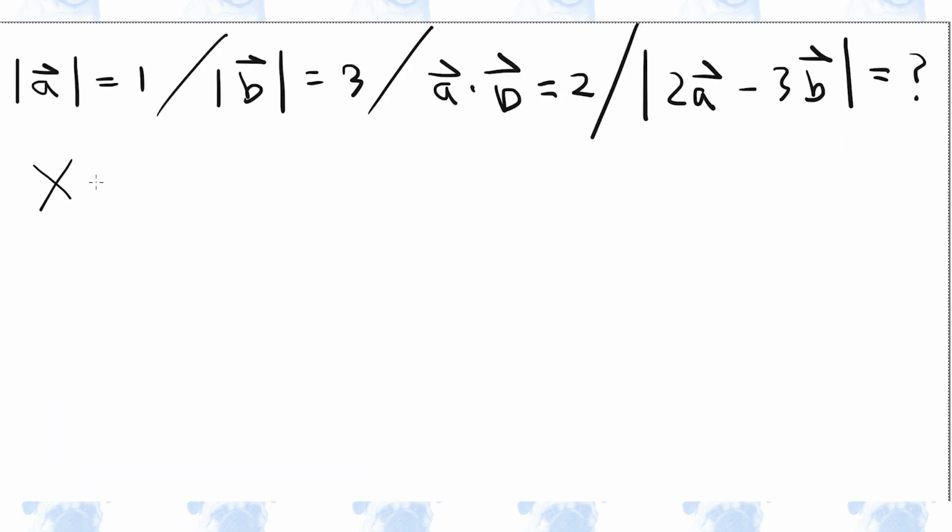Let x be equal to the magnitude of 2 vector a minus 3 vector b. Now, square both sides.